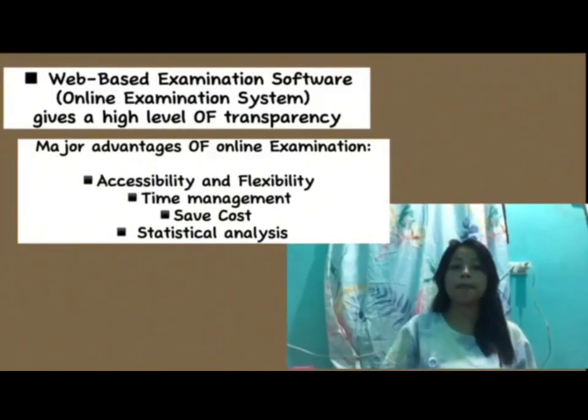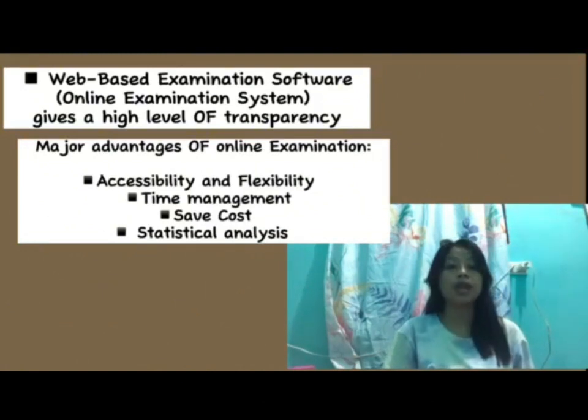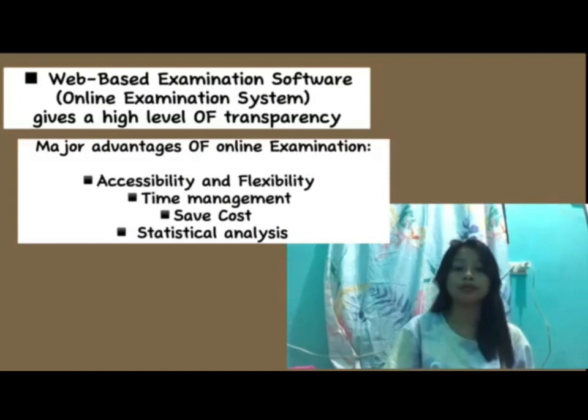Lastly, a web-based examination software or online examination system gives a high level of transparency. A major highlight of using it is that it gives a high level of transparency as opposed to the traditional or remote method.